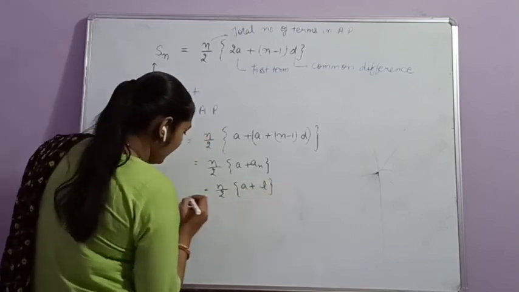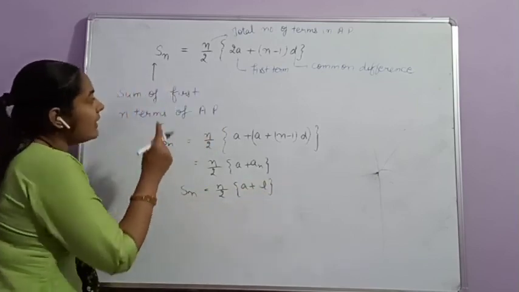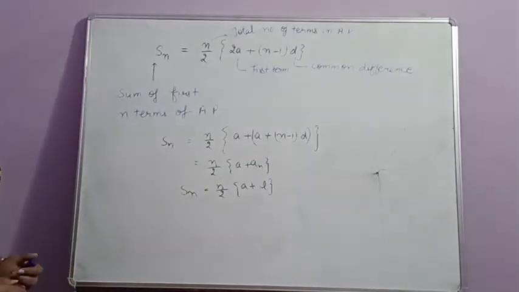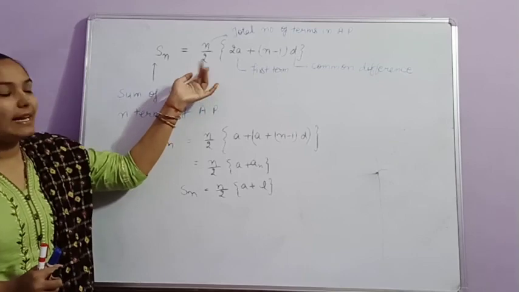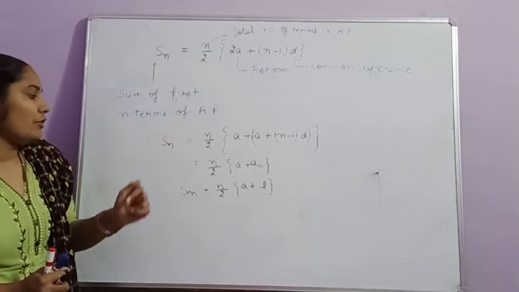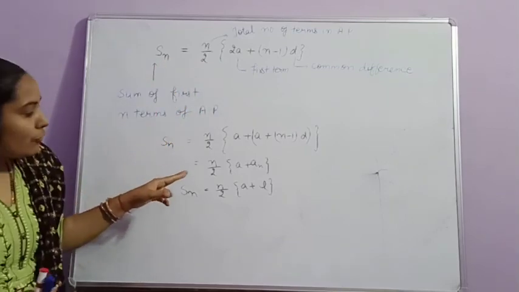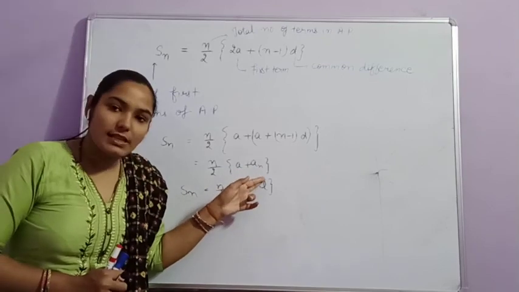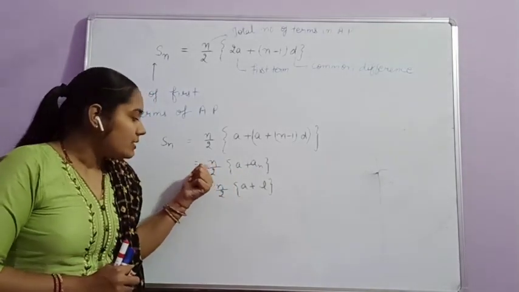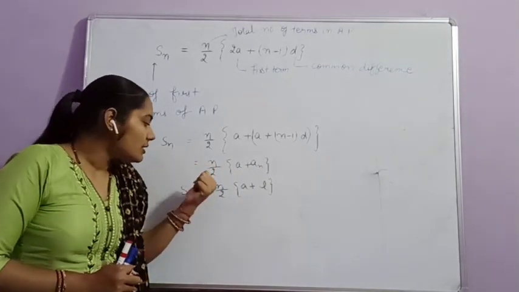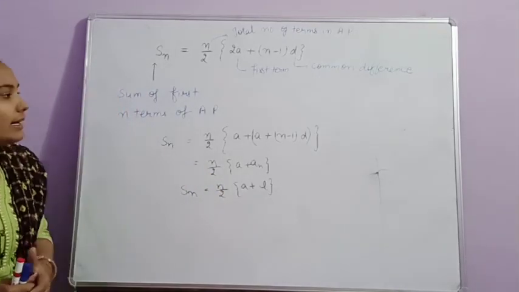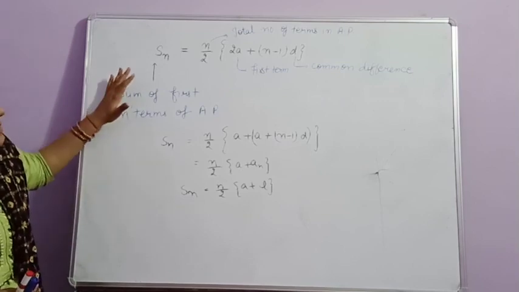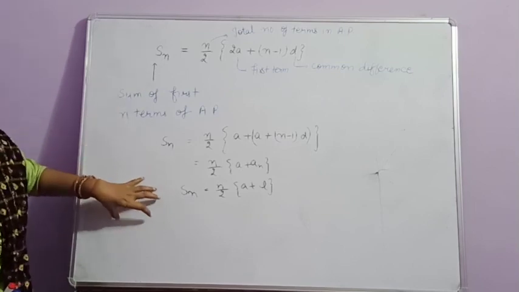If a and d is given to you and n is given to you, then you can use this formula to find the value of sum of n terms of AP. If value of first and last term is given to you and n is also given to you, then you can use this formula to find value of Sn directly. Clear? In next lecture, we will discuss sums related to that formula.